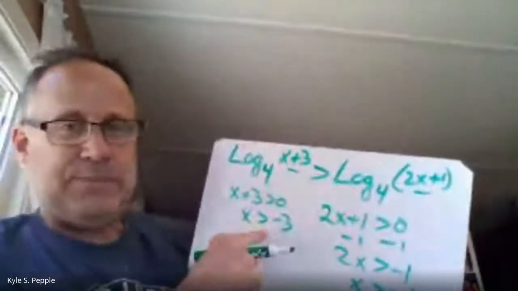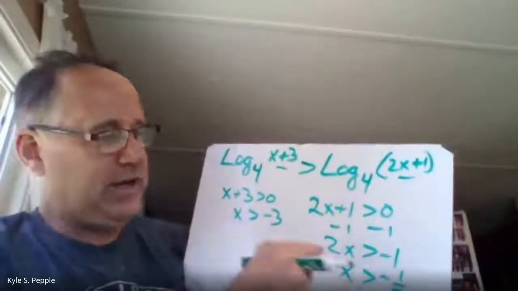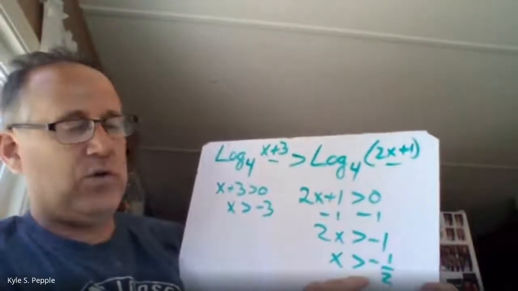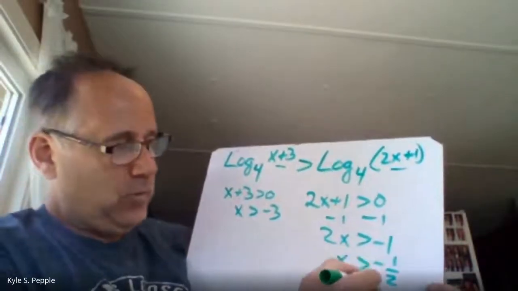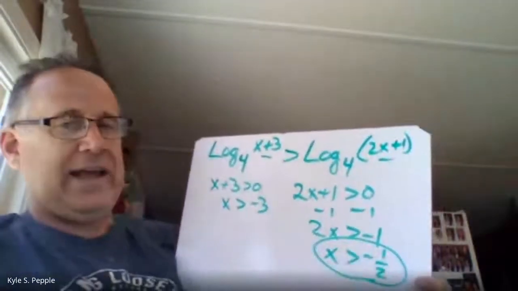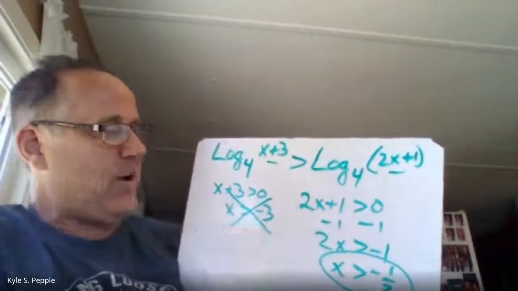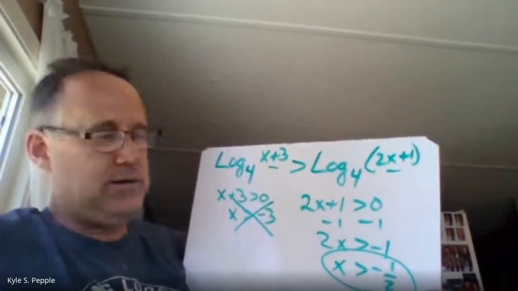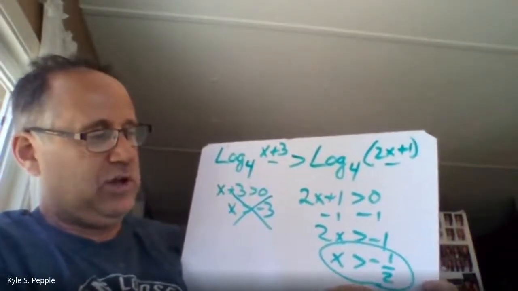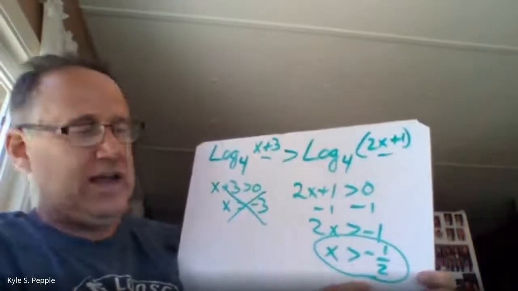Well, if x needs to be greater than negative 3, but here x needs to be greater than negative 1/2, we know it needs to be greater than negative 1/2. So we don't need to use that one as a restriction. This is the only one we need to use as a restriction, okay?